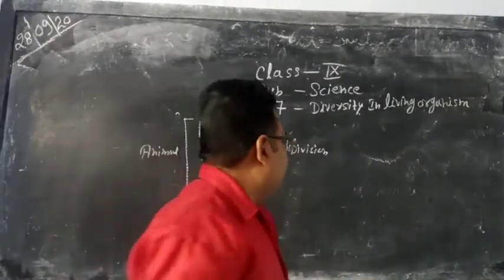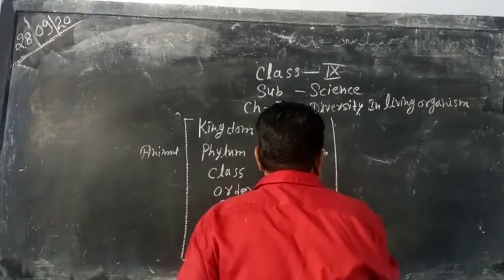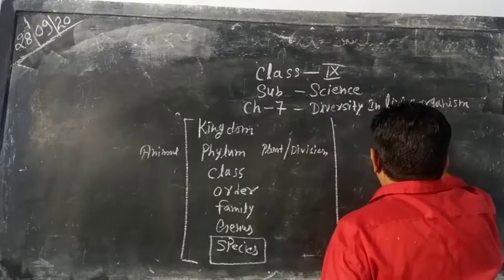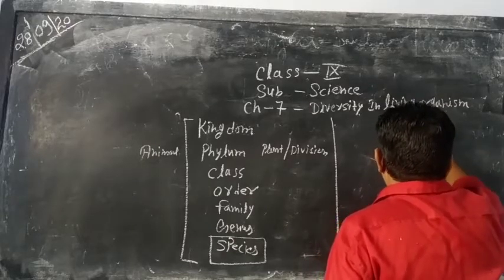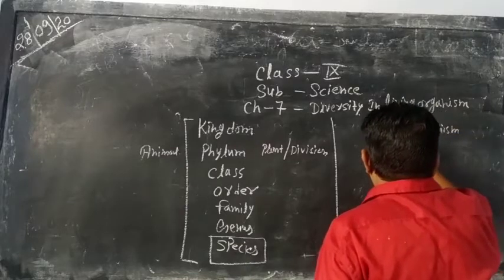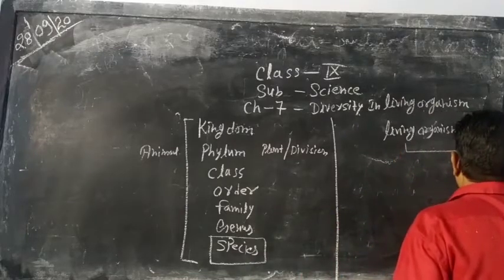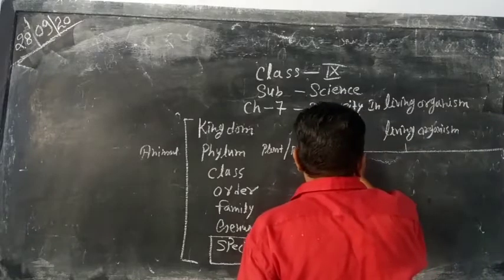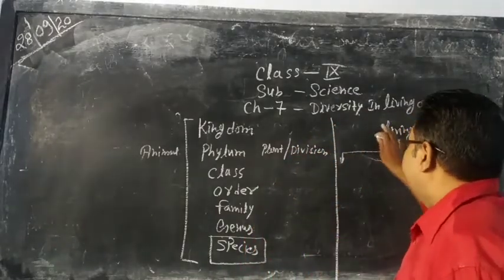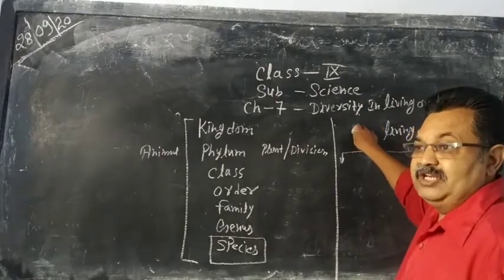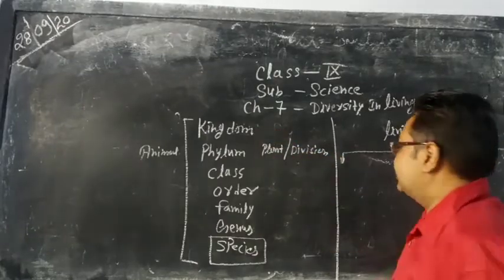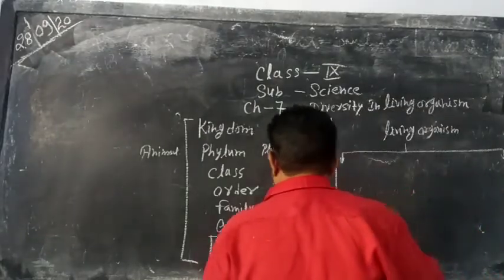According to Whittaker, all living organisms are divided into five kingdoms. So it is known as the five kingdom classification system. Whittaker divided living organisms into five kingdoms. The first one is Monera.